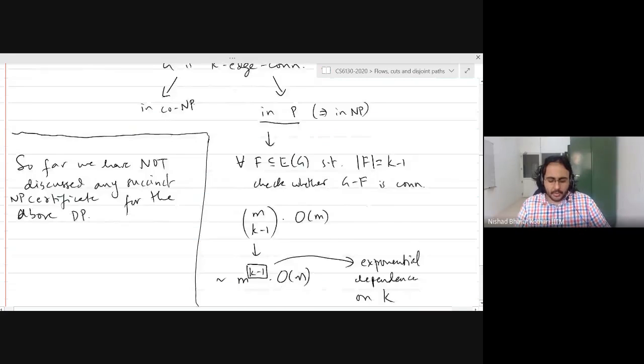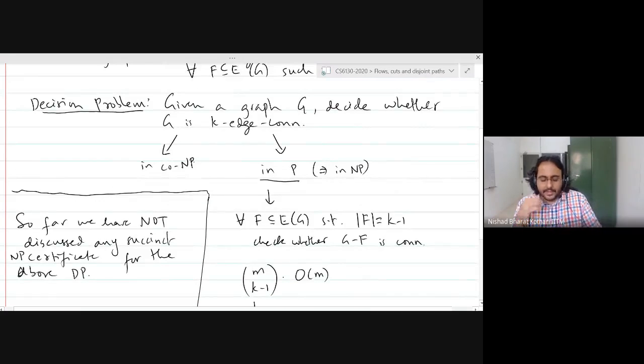How do you convince someone that a graph is k-edge connected? It's very easy to convince someone that a graph is not k-edge connected. But how do you convince someone easily that a graph is actually k-edge connected? Any ideas? I don't want an algorithm, I want a certificate. How would you convince someone that a graph is k-edge connected? Let's say k equal to 5. How do you convince someone that a graph is 5 edge connected?